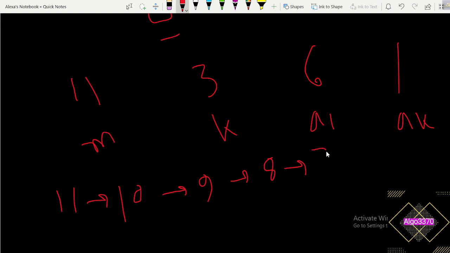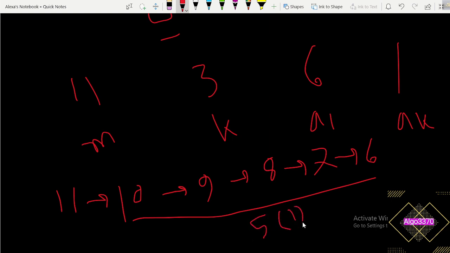So 8 to 7 and 7 to 6. He used a total of 5 regular coins of type one. So he can use only one coin of type k, that means 3 coins.